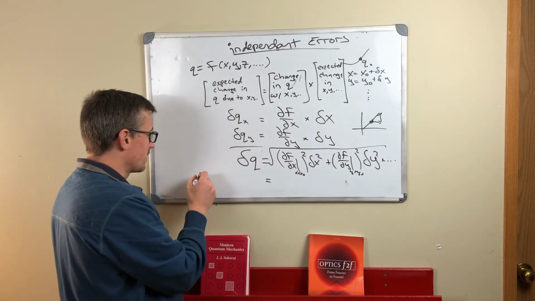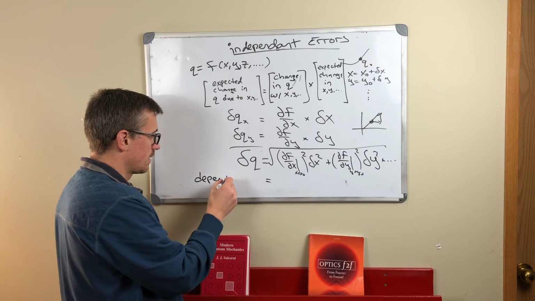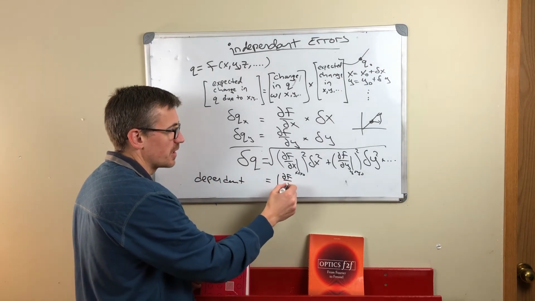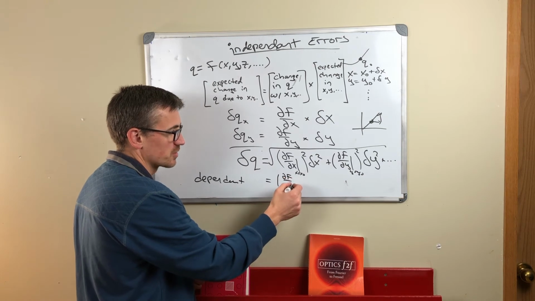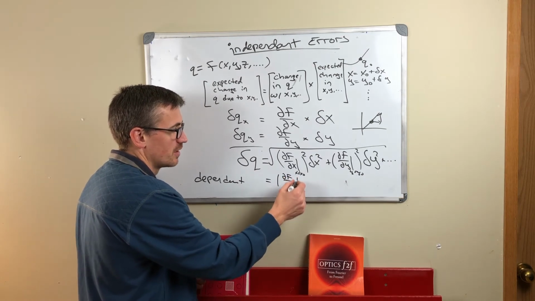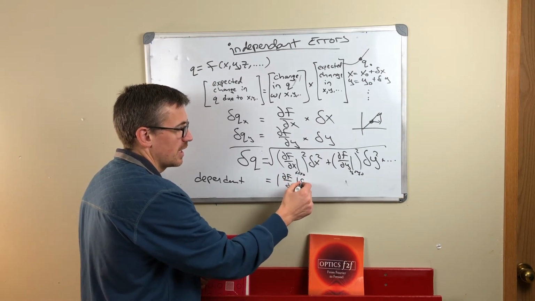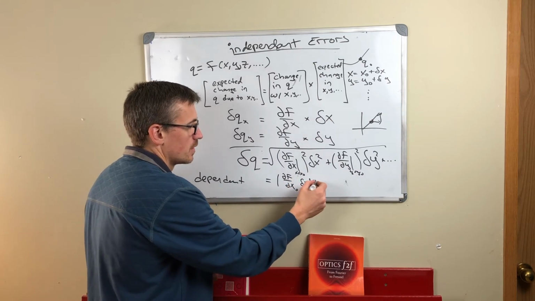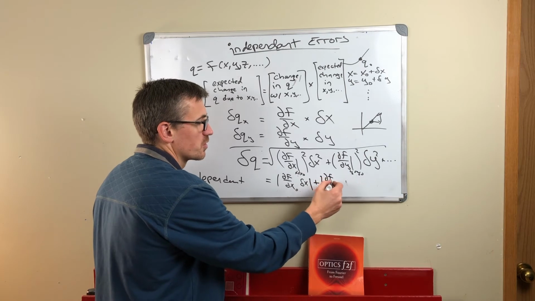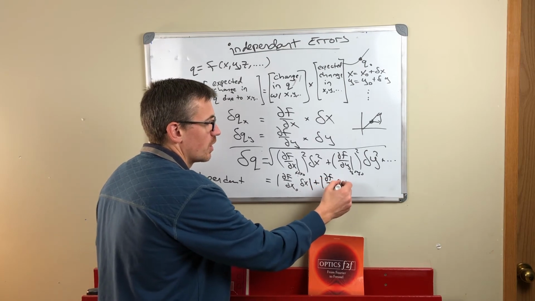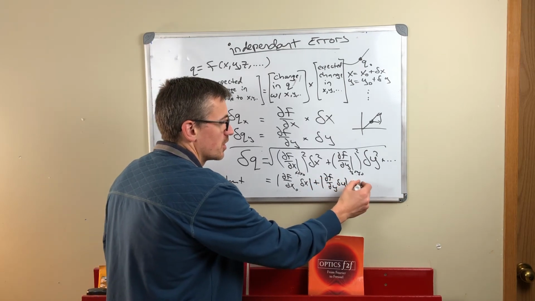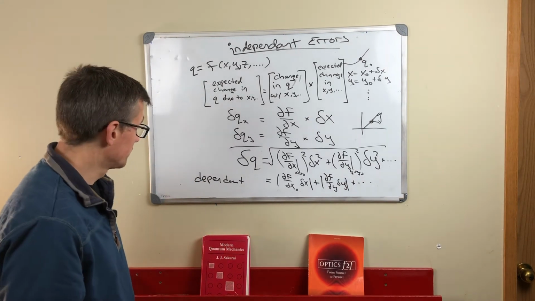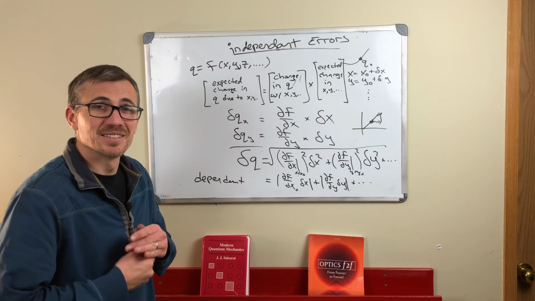For dependent, it's just going to be the absolute value of delta f by delta x at x naught, I'll just be lazy and write that as x naught, times delta x, plus the partial with respect to y times delta y, plus ... Okay, and that's it. That's all there is to propagating uncertainties.